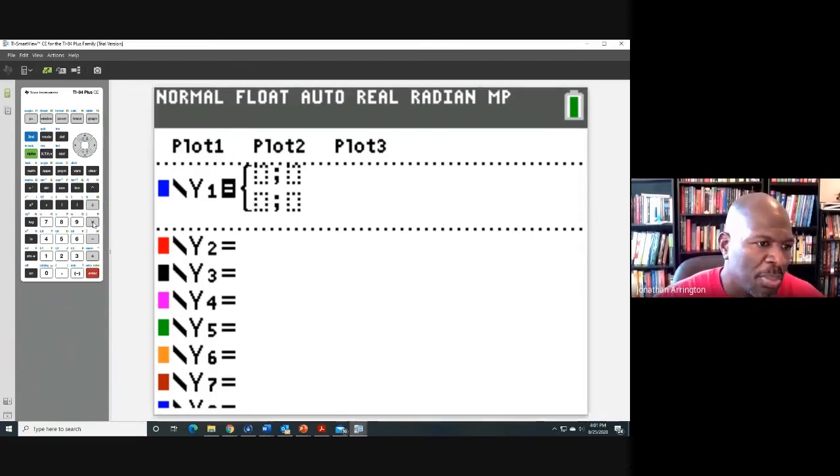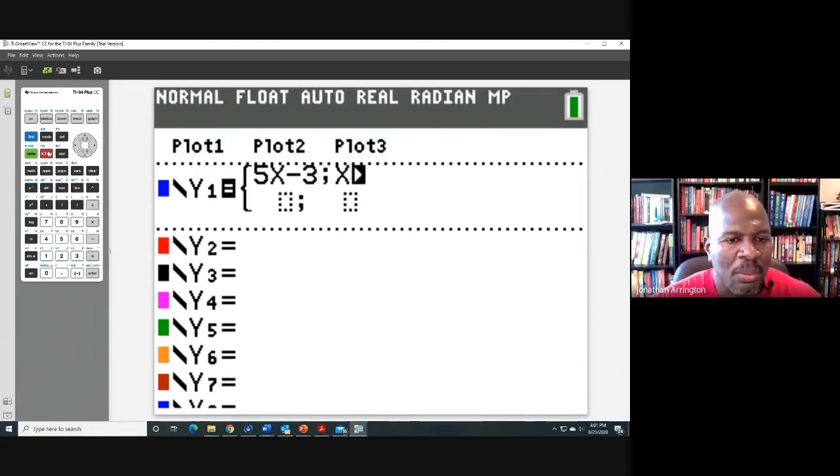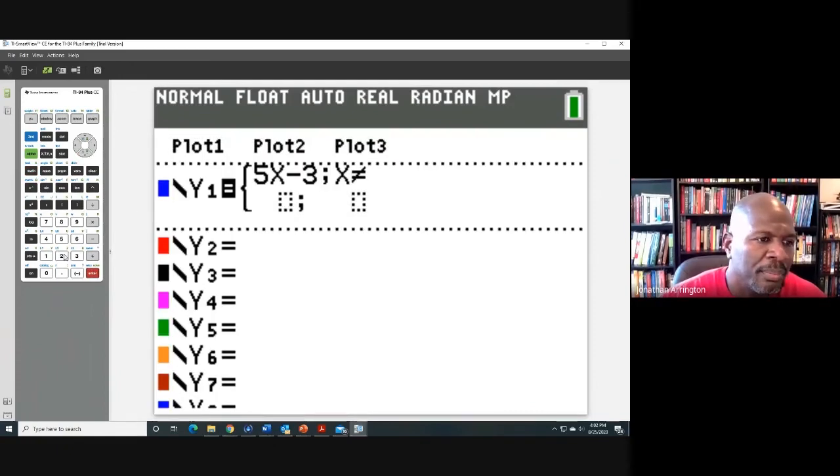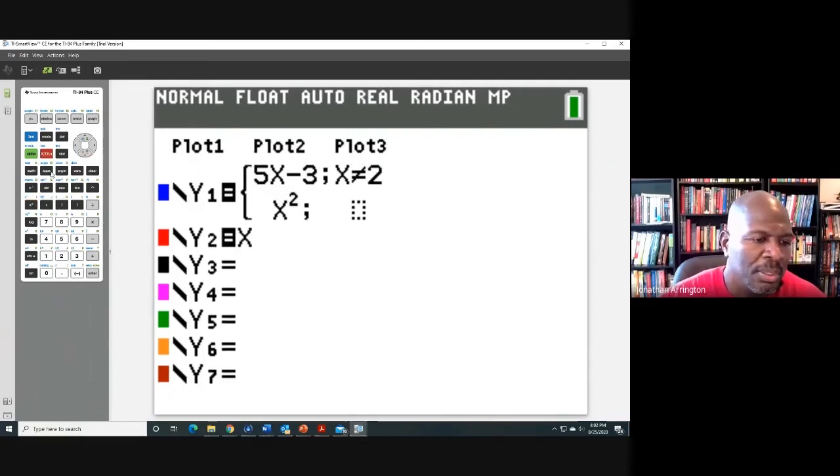Now again, my first piece was 5x minus 3, and that was for when x was not equal to 2. So to get the not equal sign, I'm going to hit second and test. So x was not equal to 2. And the other piece was x squared, and that piece was for where x was equal to 2.